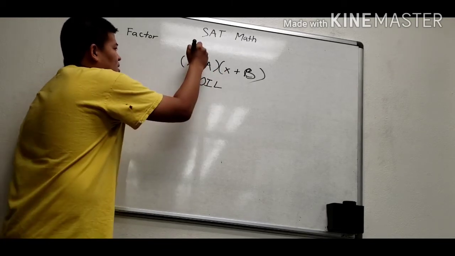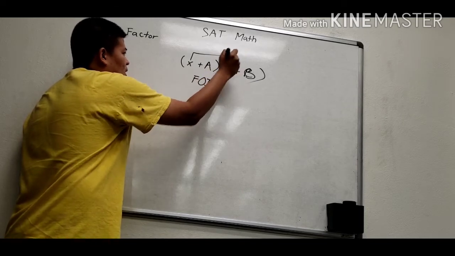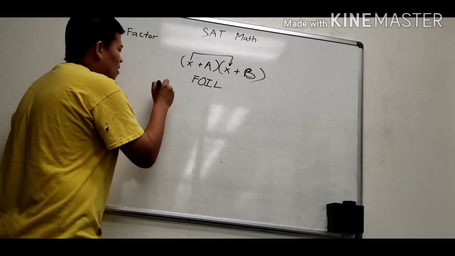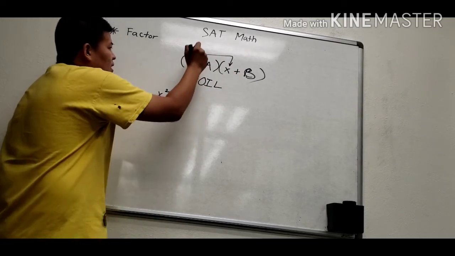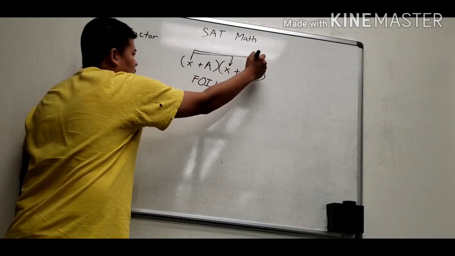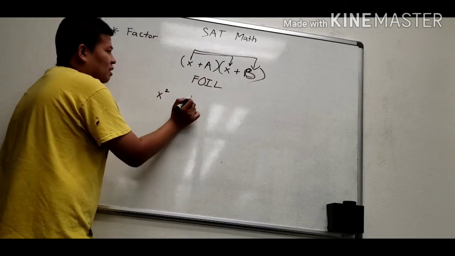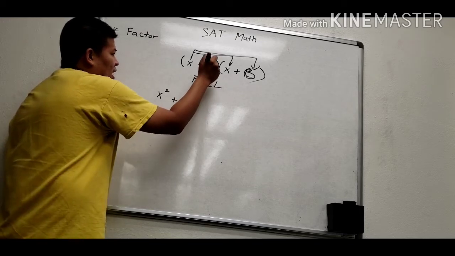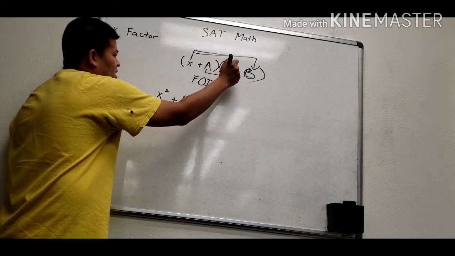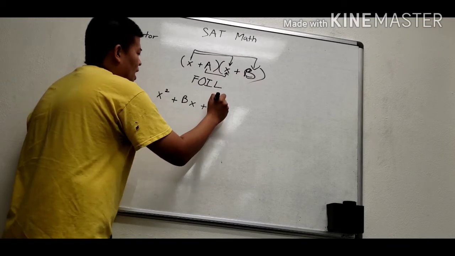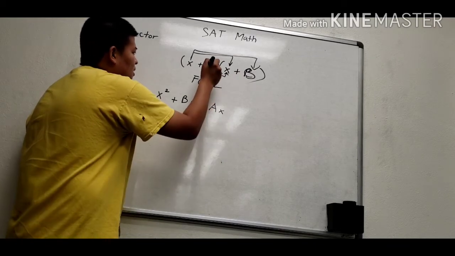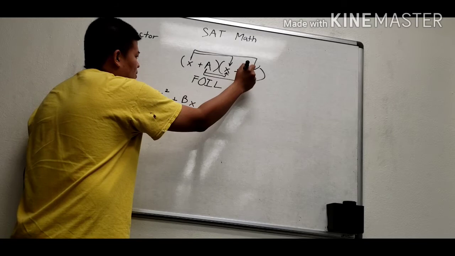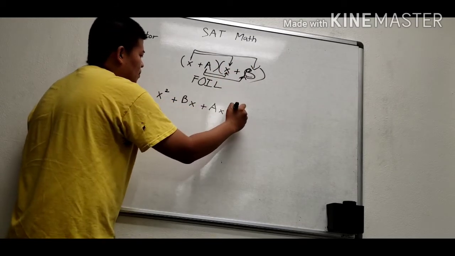FOIL means the first terms multiply: x times x gives x power 2, then x multiplied by b is the outside, then the inside: a multiplied by x gives ax, and the last: a multiplied by b.